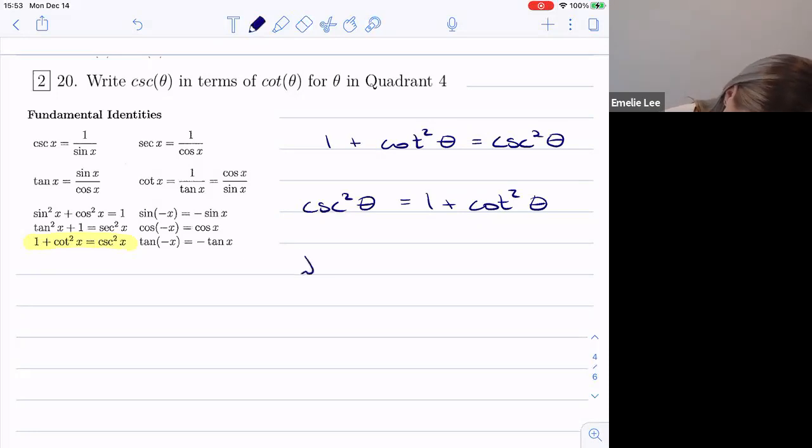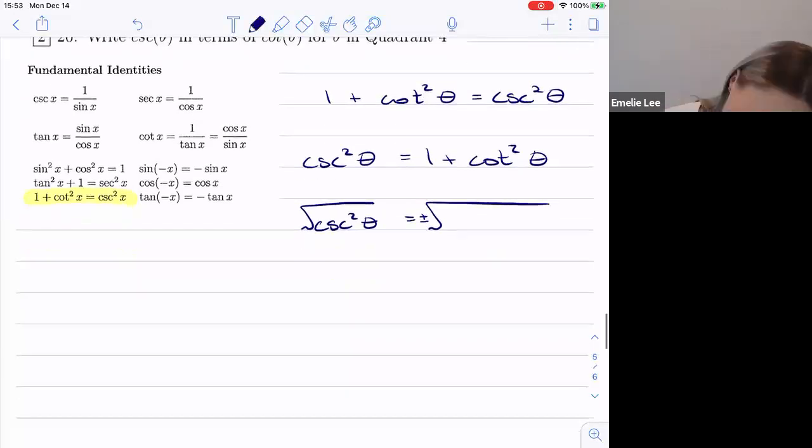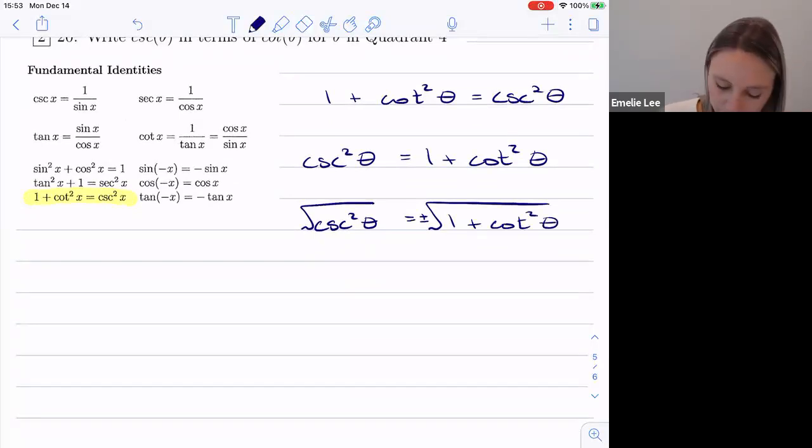Remember, whenever I take the square root, I end up with the positive and the negative square root. That's where this quadrant 4 comes in to decide, is it going to be positive or negative? So the cosecant squared of theta becomes plus or minus the square root of 1 plus the cotangent squared of theta.